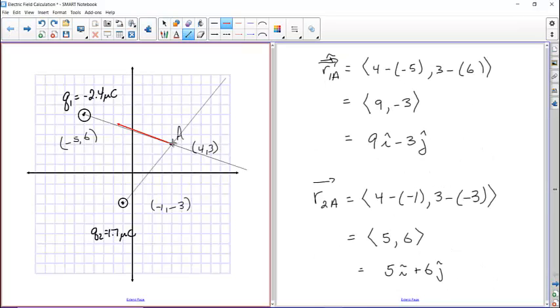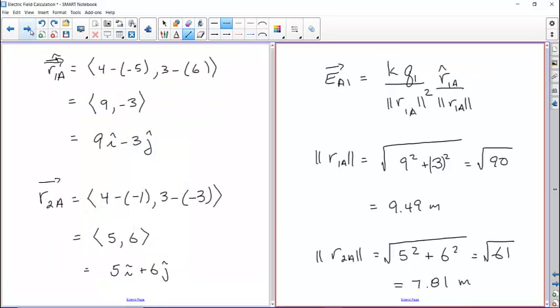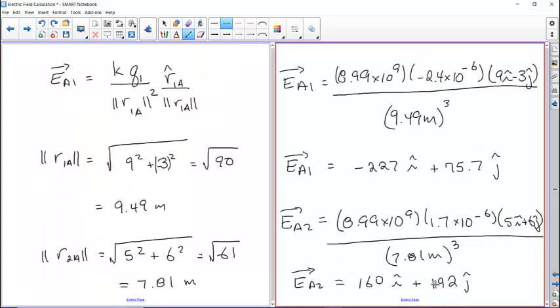This is the direction of the electric field, because this is negative, this is positive, the test charge is positive, they're going to repel each other, so it's going to go in the direction you would get if you drew a line between the center of the charge and the point in space. So it's going to be positive x, positive y. It looks like the y part should be slightly bigger than the x part. Let's see if that's the case. Yeah, the y part is slightly bigger than the x part.